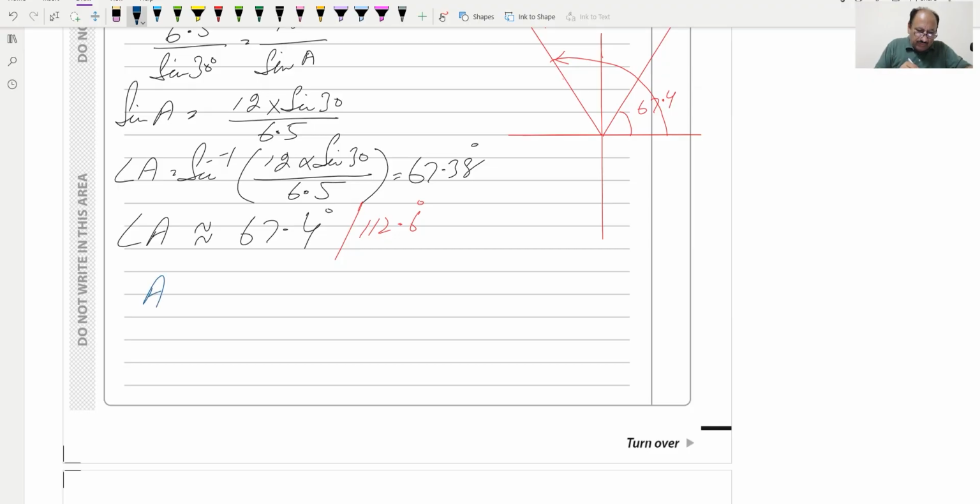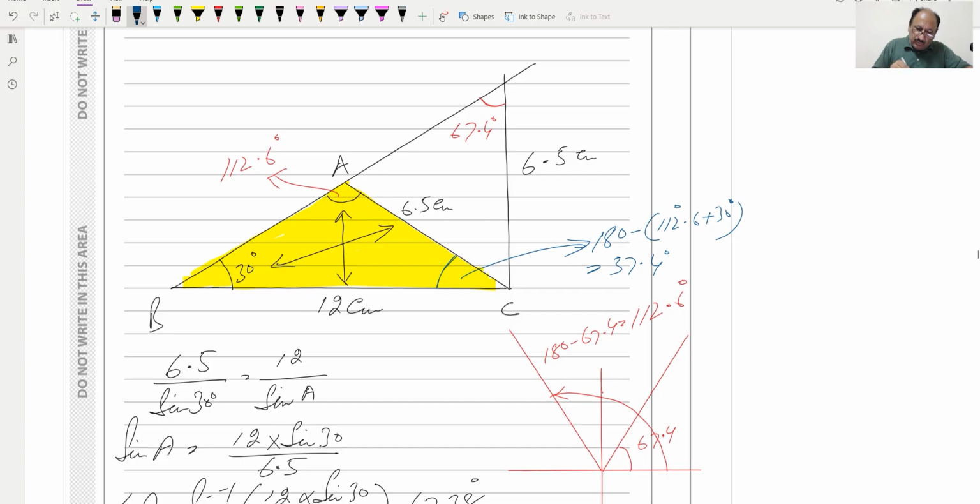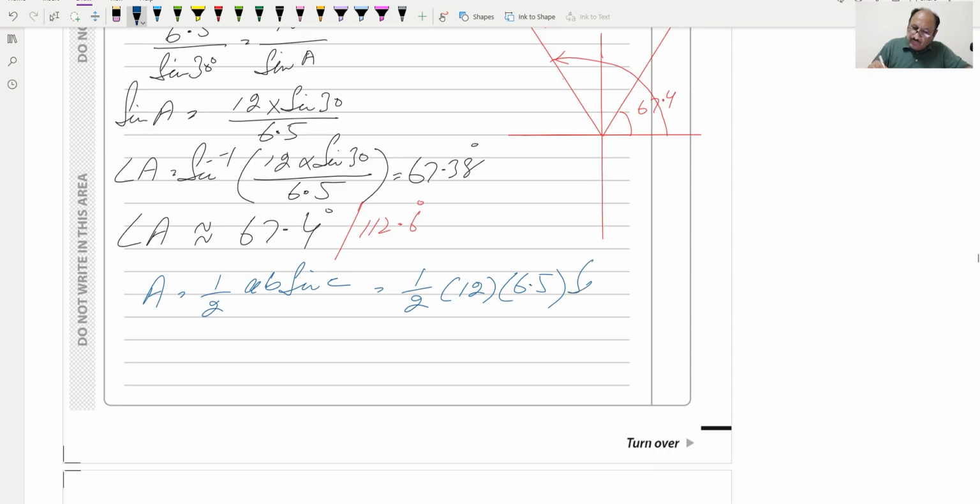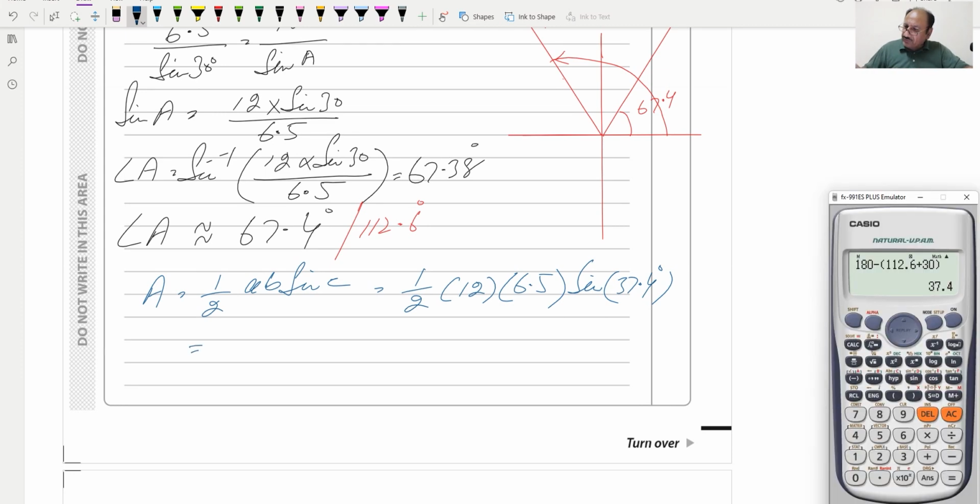So area will be equal to 1 by 2 into AB sine C. I'm writing the formula, and then we place the values. One side is 12, the other side is 6.5, and the angle is 37.4. So sine of 37.4 degrees, and this will be giving us the final answer of the area.